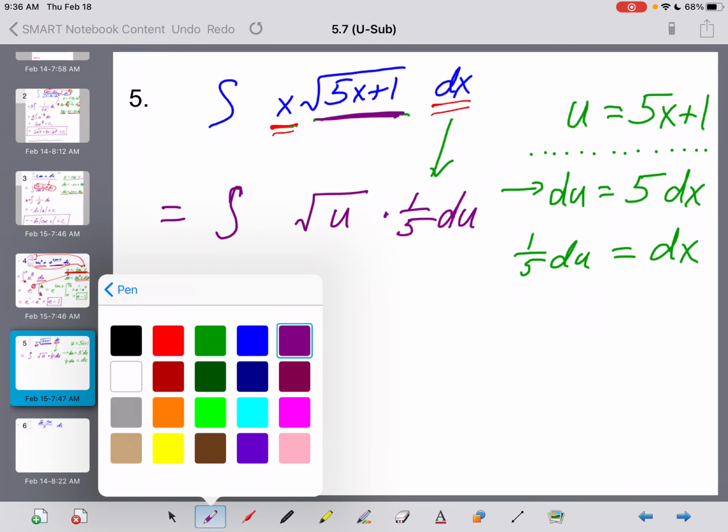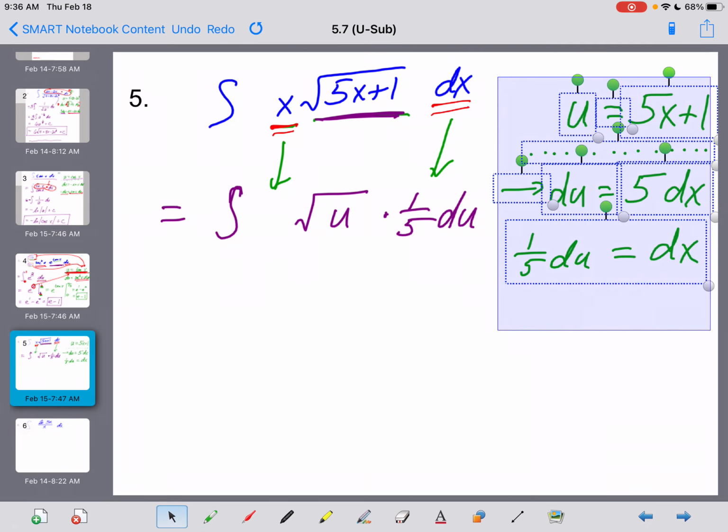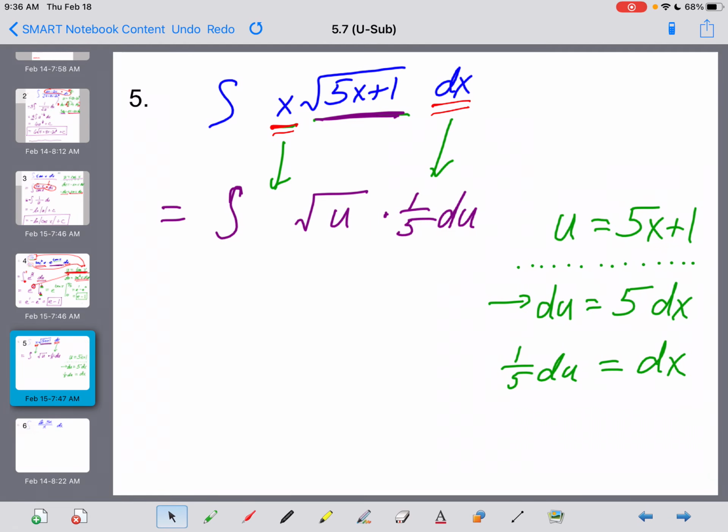The one thing we haven't dealt with yet is the x right out in front. We've got to find a way, without reinventing the wheel here, of expressing x in terms of u. And the way we're going to do that is a weird method here, and it's certainly not anything that we've talked about before. I'm going to take everything that I've written in green, and I'm going to slide that down just a little bit. And what I'm going to do now, this is weird, I'm going to go up the ladder here. Haven't done this yet. What I have right now on my top line is representing u in terms of x.